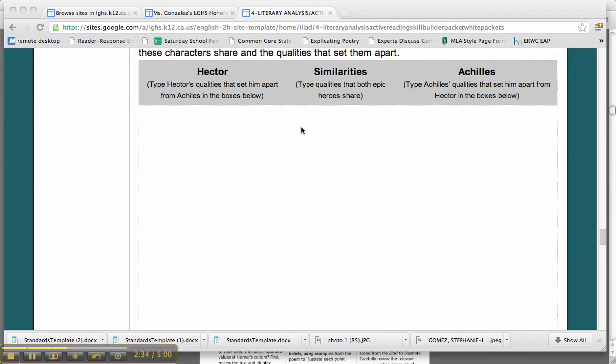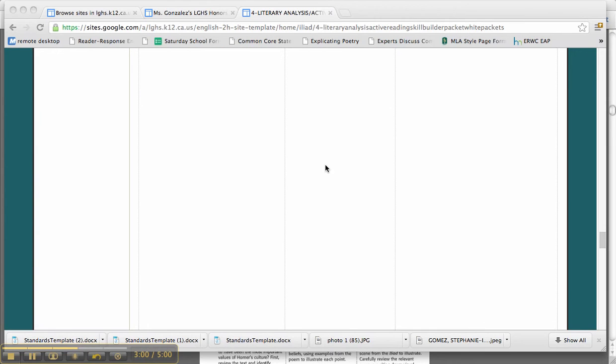So over here, Hector's qualities that he doesn't share with Achilles. Way on the right side, the qualities that Achilles has that he doesn't share with Hector. In the middle, the qualities that they share. The things they have in common could be about the personality, about the events that happen, whatever they have in common, you write it down. Okay, that's how that works.